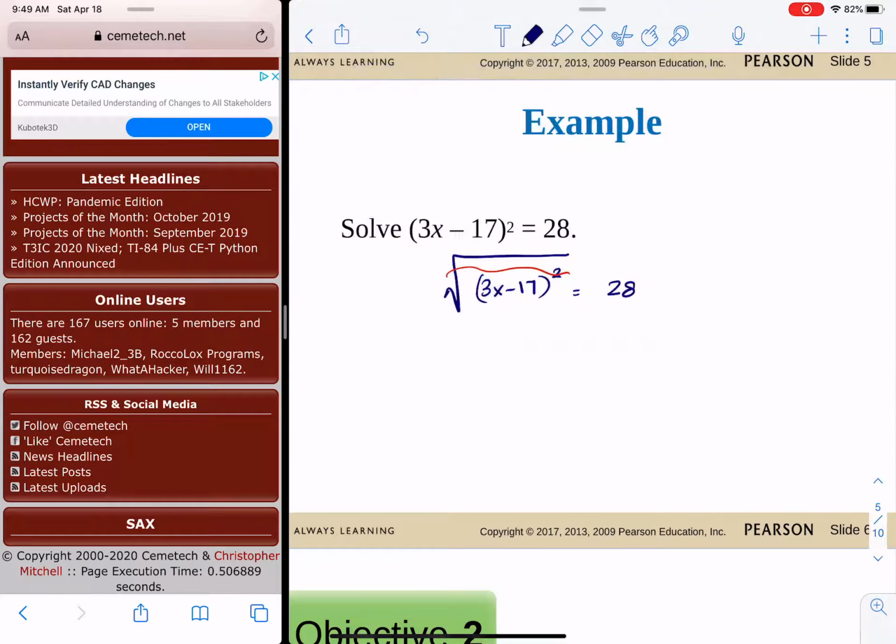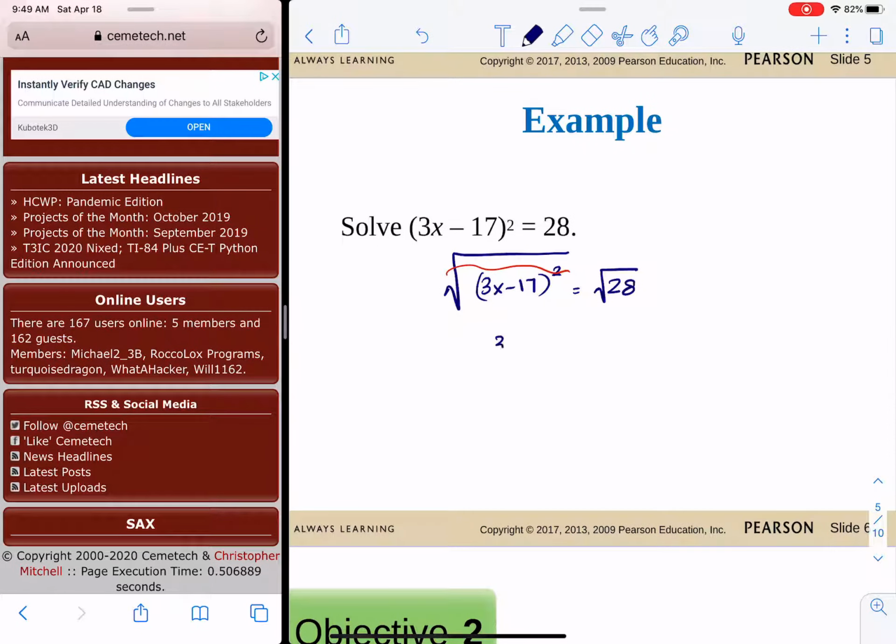And before that, we have to take the square root on that side also. And now we have 3x minus 17 equals square root of 28. Now I could write square root of 28 in terms of a perfect square, which is 4. 4 times 7 is 28. So that would equal square root of 4 times square root of 7. So square root of 4 is plus or minus 2.